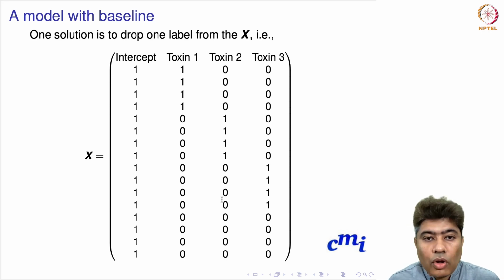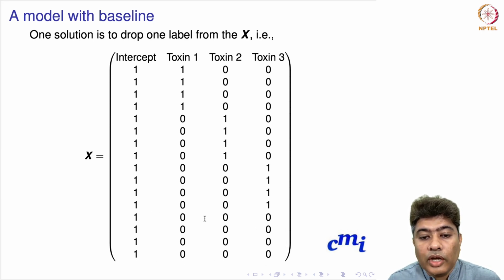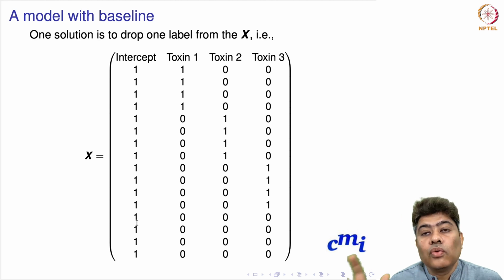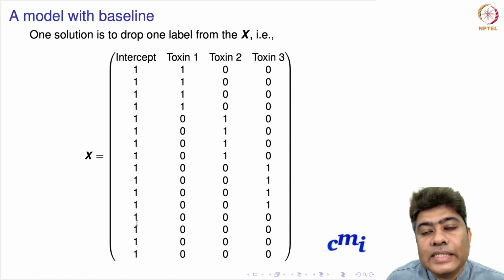We have four columns, and the first column is no longer the sum of the others, because in the last four rows, if you add them up, you do not get back the intercept column. That is how we break the dependency between the columns. Whichever level you sacrifice, toxin 1 or toxin 2, works. Here we are sacrificing the last level, the control group.